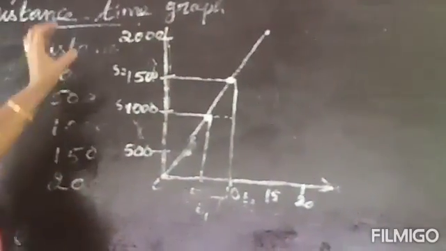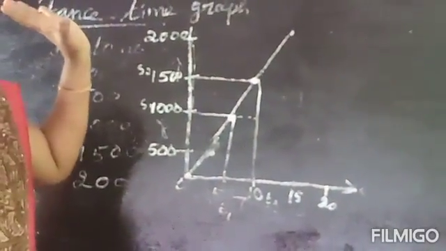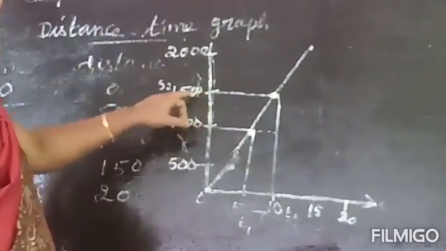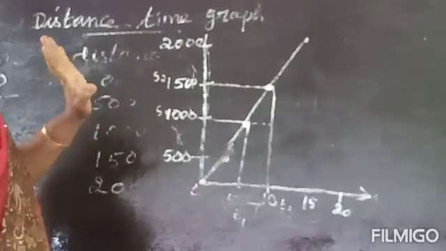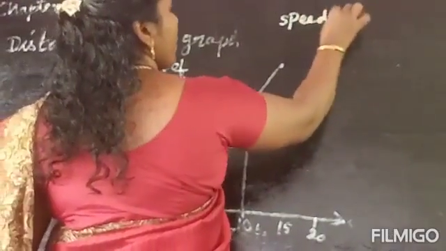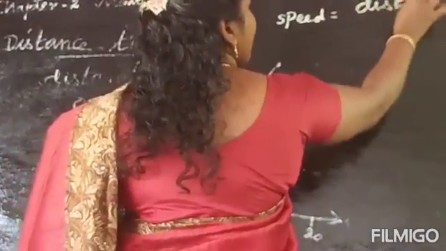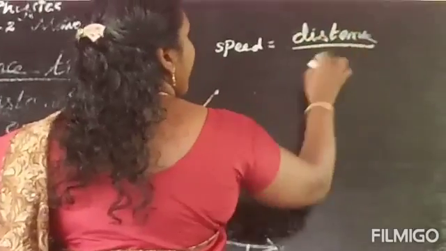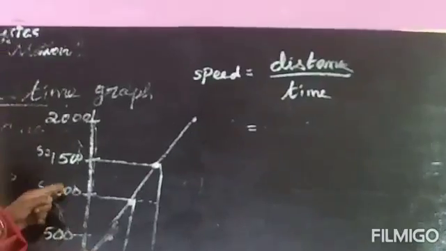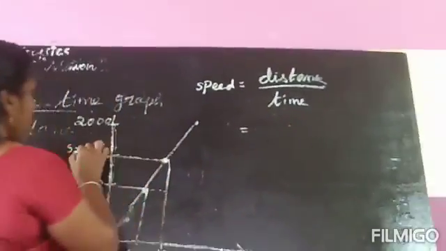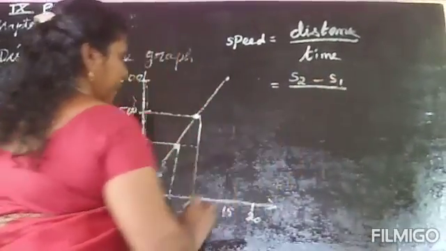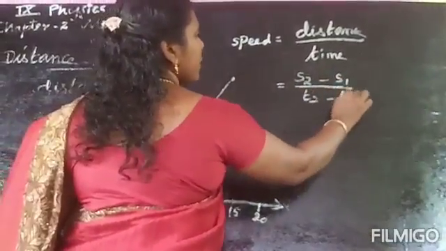What is the formula for speed? Already you have learned. Speed equals distance divided by time. Now for us, the distances S2 and S1 are there. So we write speed equals S2 minus S1 divided by T2 minus T1.